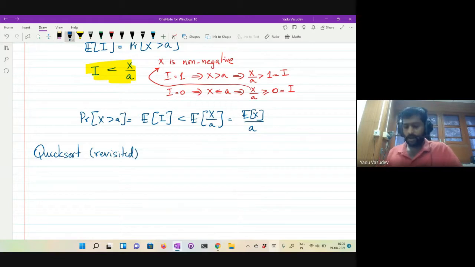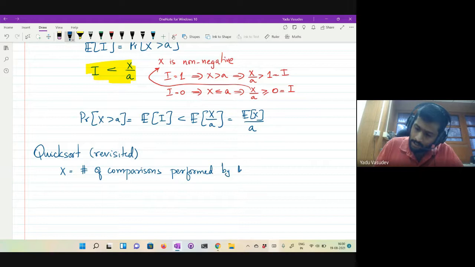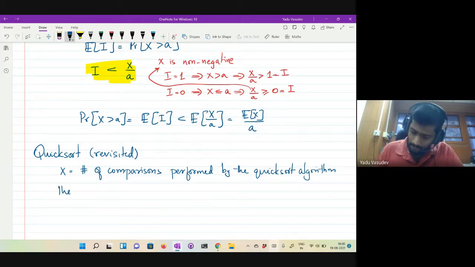Recall that what we saw in the case of quicksort was, if you take x to be the number of comparisons performed by the quicksort algorithm, then the expected value of x is something like n ln n plus theta n.